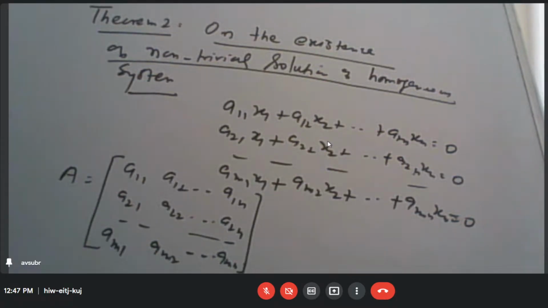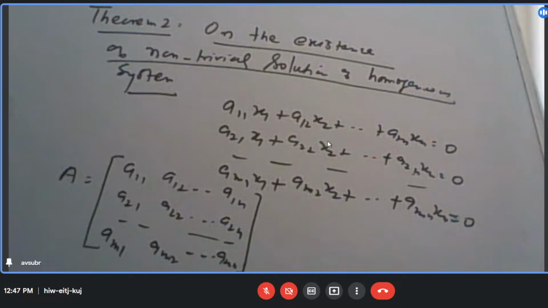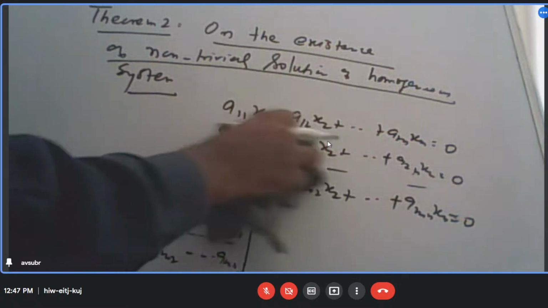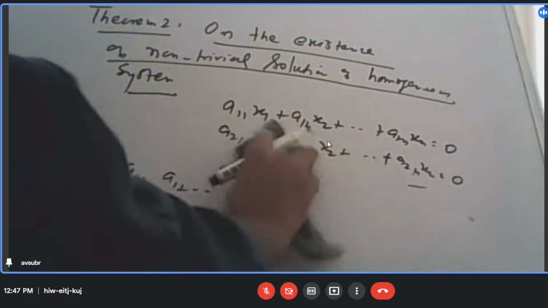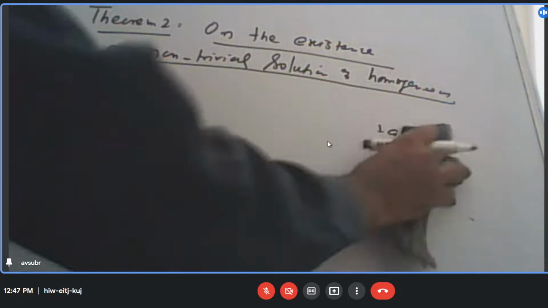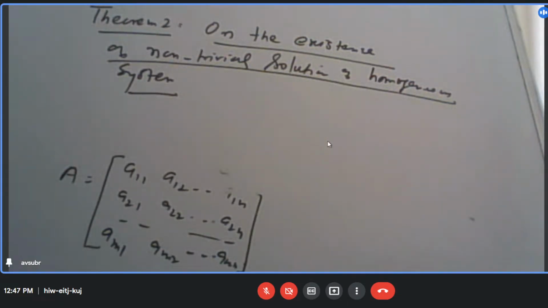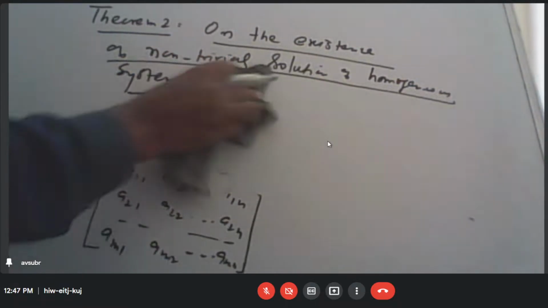Yes, sir. All right. Now the thing is that this system has non-trivial solutions. What is the meaning of a non-trivial solution? A solution other than 0, 0, 0, 0, 0. Correct.